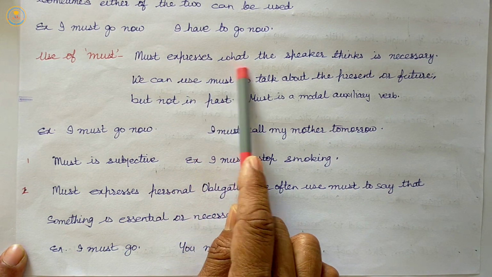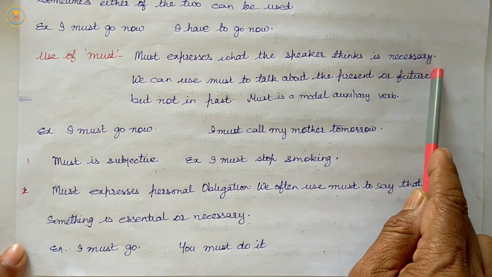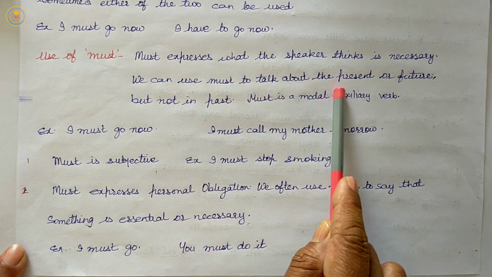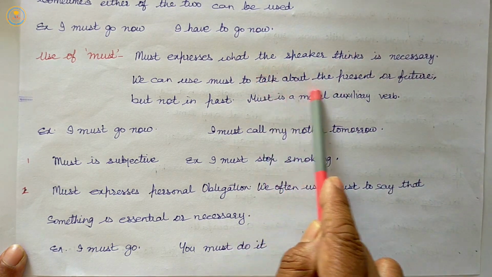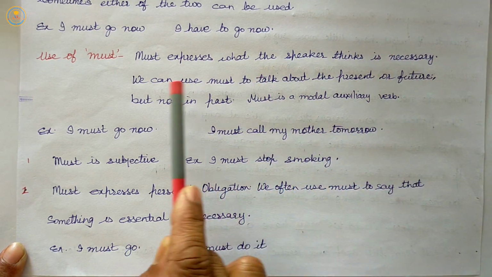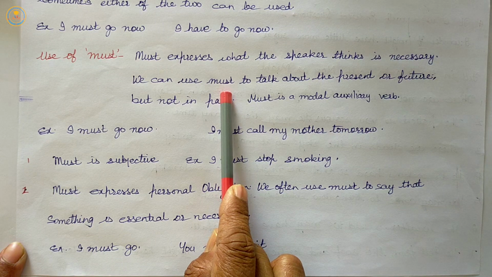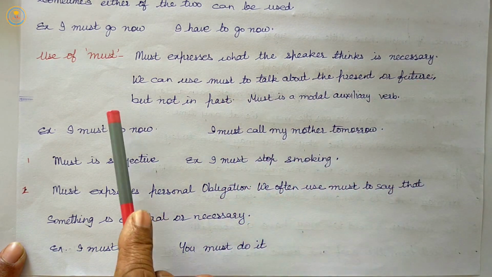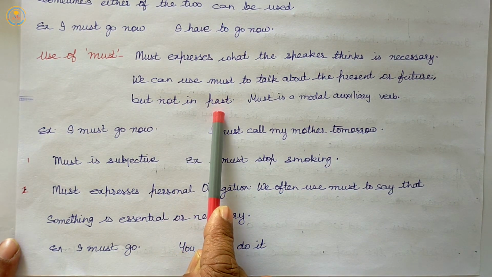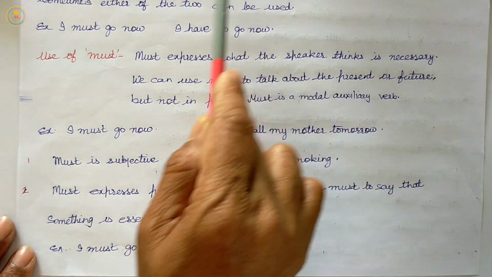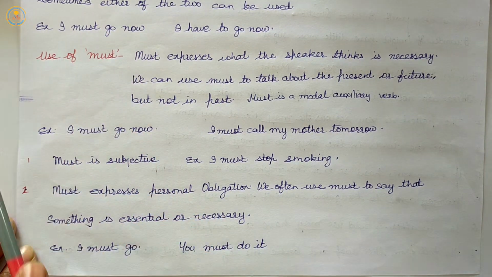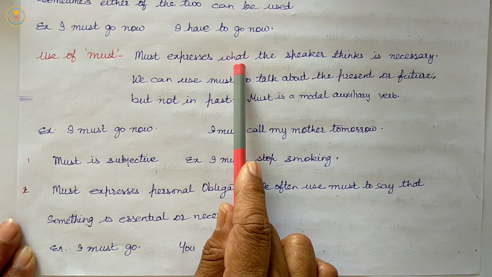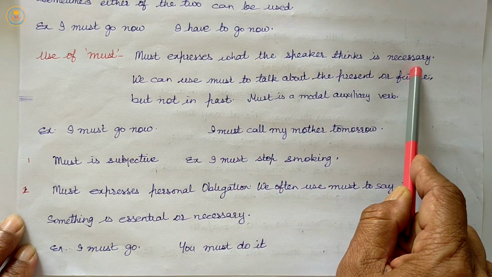We can use must to talk about the present or future, but not in past. In past, we will use had to in place of must.